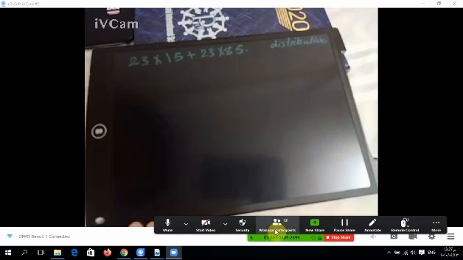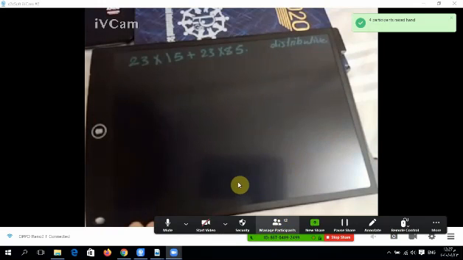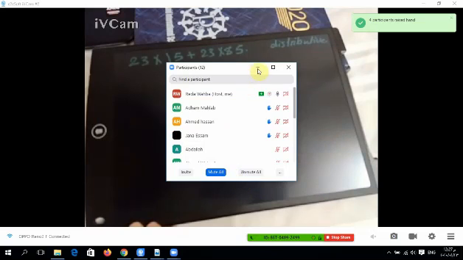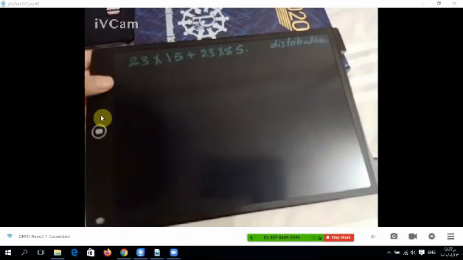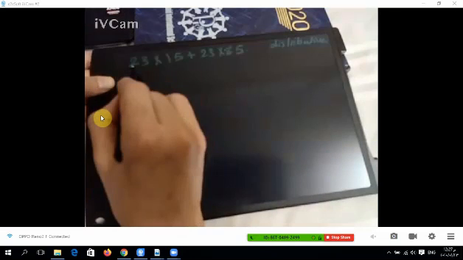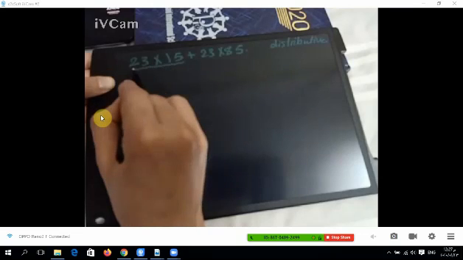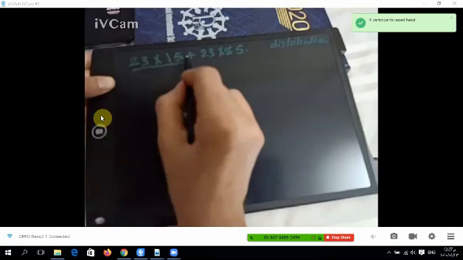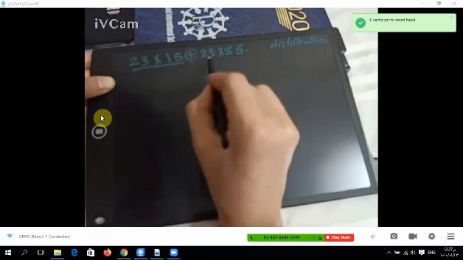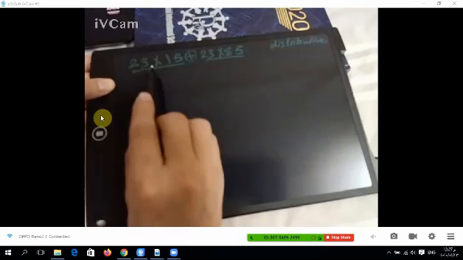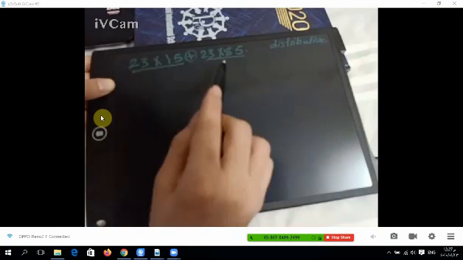Okay, so to use the distributive property, I will look at the question. It's 23 times 15. I will consider it as one thing. We consider the multiplied things as one thing, plus 23 times 85. So we have two things. Then we will see at the first one and the second one which number is repeated.